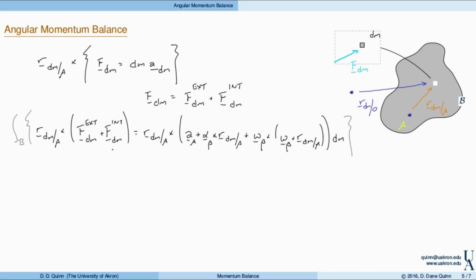So now, looking at the left-hand side, the cross product of the position with respect to the external forces, well, that's just going to be the total external moment acting on the body.